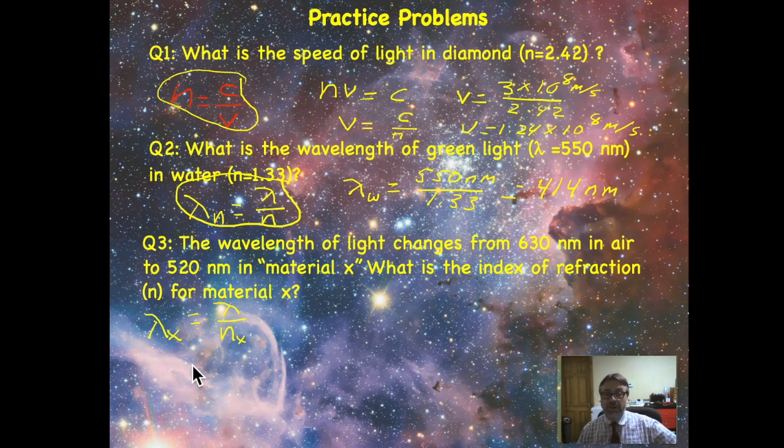First, I'm going to multiply the n over to the other side. And then simply all I need to do is divide out the wavelength in material X to find out what the index is.